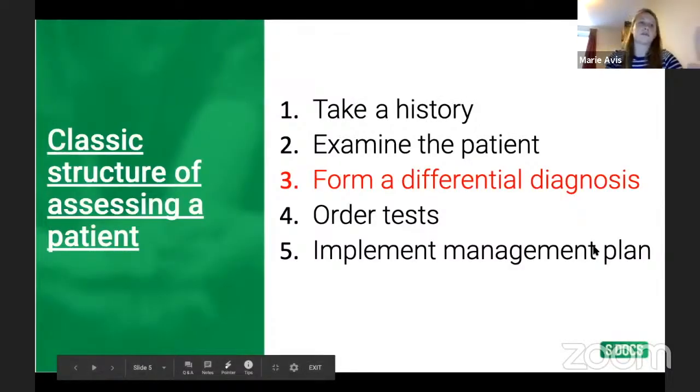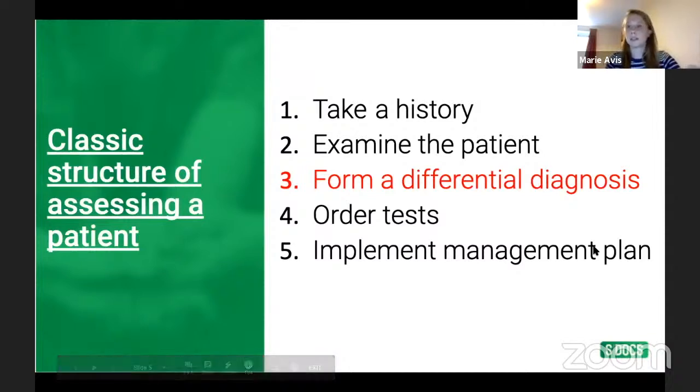So just to run through the classic structure of assessing a patient. So normally you would take a history, you'd examine the patient and you'd form a differential diagnosis. I find this quite problematic when you're first starting clinical medicine because you don't always necessarily know what to ask. You're quite scripted and tick boxing in what you're asking, and you don't always know exactly why you're asking the things you do.